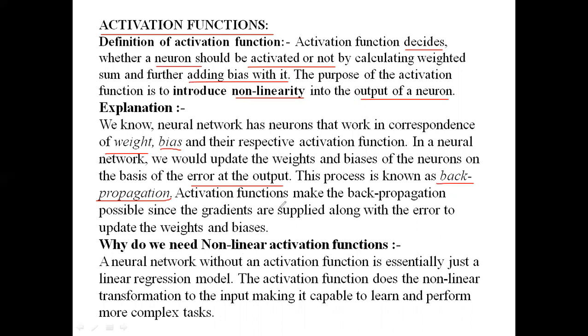And also, activation functions make back propagation possible since the gradients are supplied along with the error to update the weights and biases. Here we supply weight values from the input layers. Each and every input has some weight, isn't it? By calculating those weights you get one kind of output.